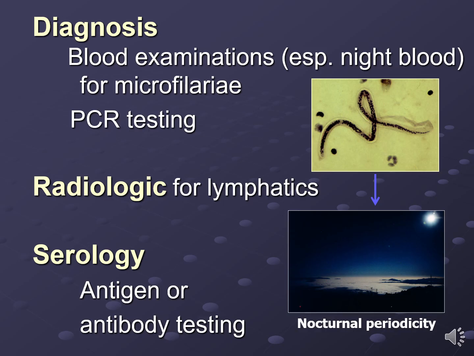Diagnosis. The diagnosis is by blood smear examination, and those blood smears are better gotten at night. Why? Because here we have synchronization between the activity of the vector, the mosquito, which is most active at night.